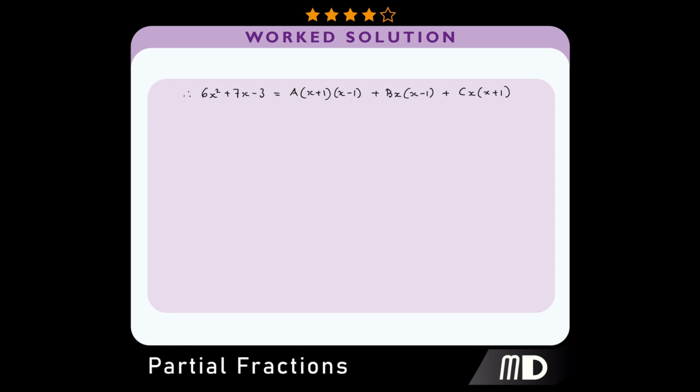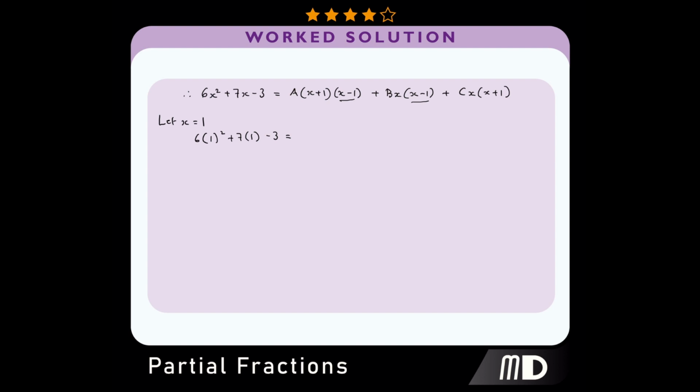So we're going to begin by substituting x equals 1. Now, on the left-hand side of this equation, that gives us 6 multiplied by 1 squared plus 7 multiplied by 1 minus 3. And on the right-hand side, if x is 1, wherever there is an x minus 1 term, that part of the expression will be equal to 0.